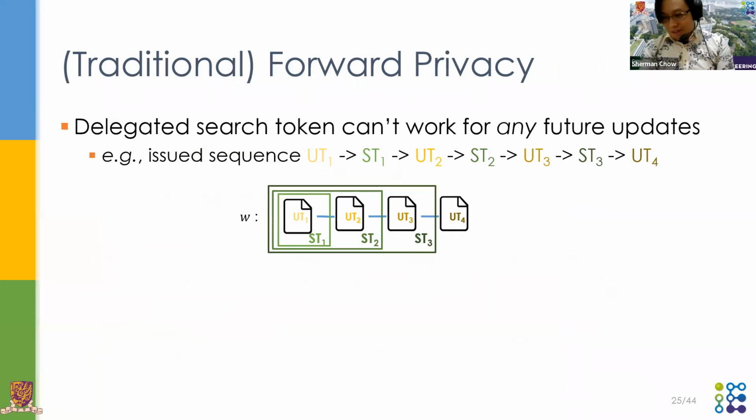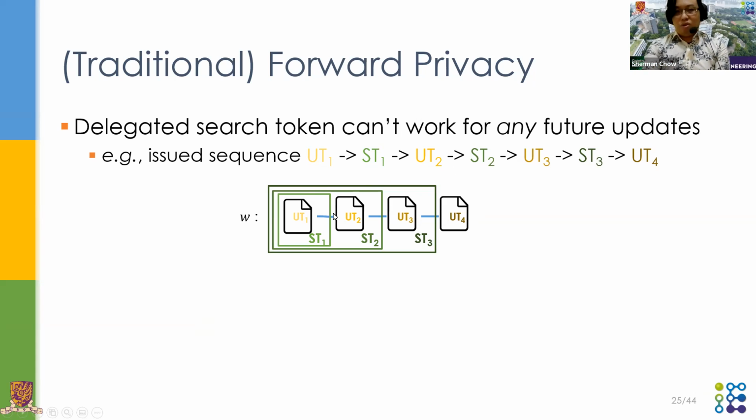And now, the more SSE-flavored problem, forward privacy. Let me quickly recap the traditional forward privacy definition. Obviously, I will twist it a little bit because we are working under the requirement that there is no secret key distribution and no synchronous communication. The idea of forward privacy you can summarize as: the delegated search token cannot work for any future update. For example, the tokens are issued in the following sequence: we have the update token UT1, then we issue the search token, so the search token can search over this document.